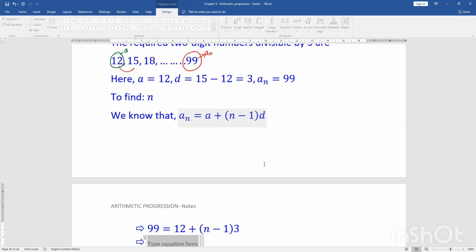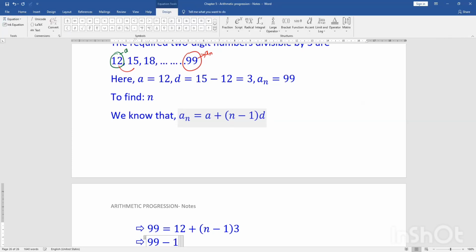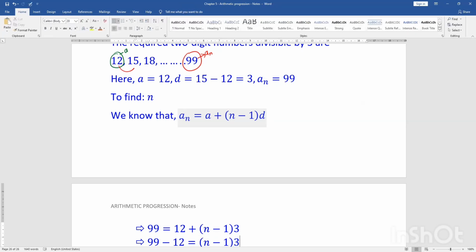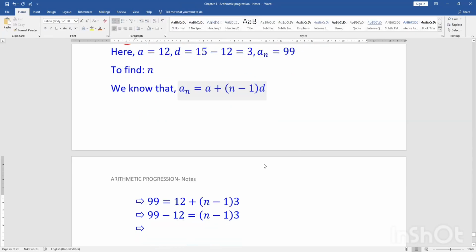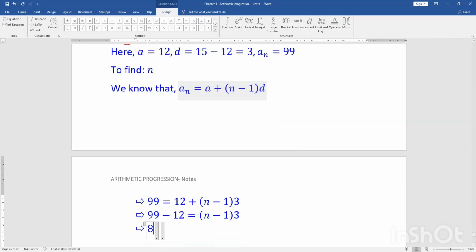Then we can transpose the 12 to the left hand side. So it becomes 99 minus 12 equals N minus 1 into 3. What is 99 minus 12, children? It is 87.